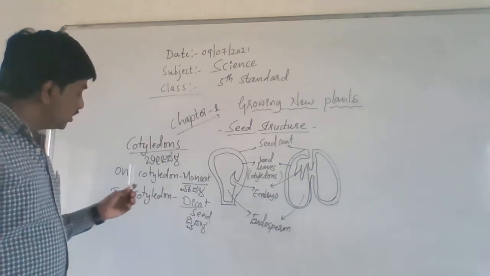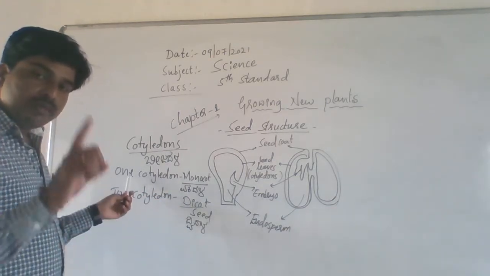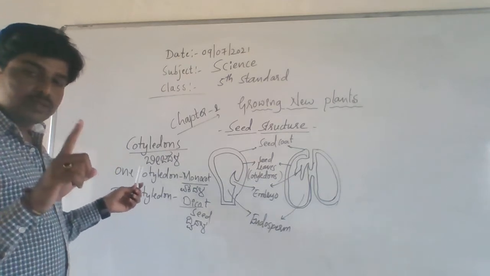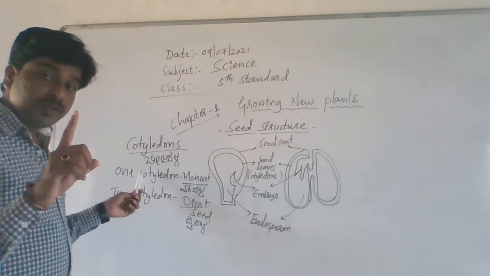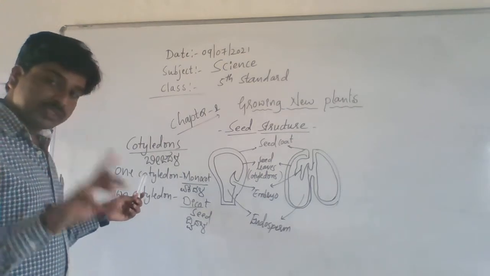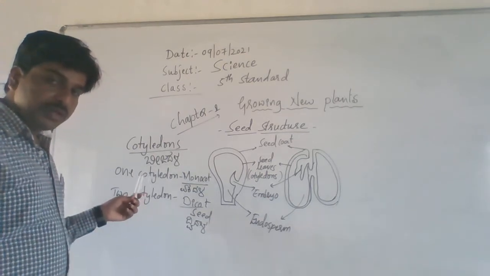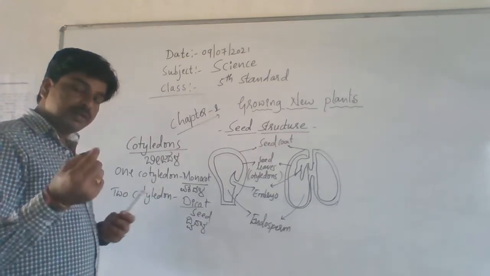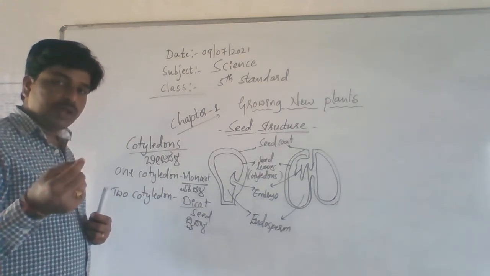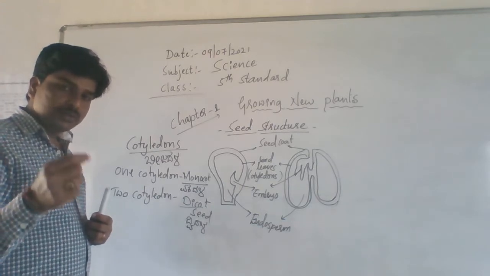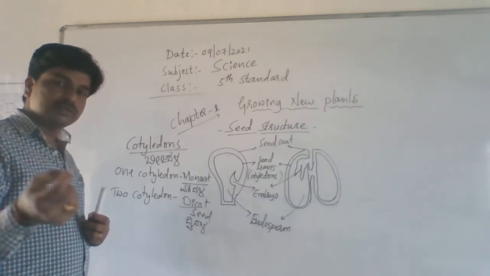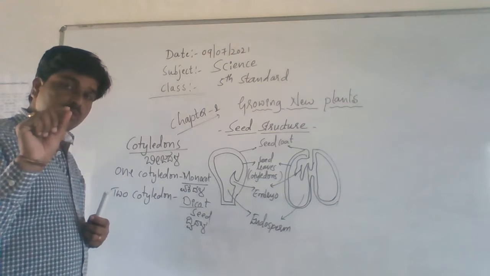Monopod means the seeds which have only one cotyledon. They are said to be monopod seeds. The best examples are jowar seed, ragi, wheat, rice, etc. Understand? Jowar, ragi, wheat, rice. These are examples of monopod seeds.